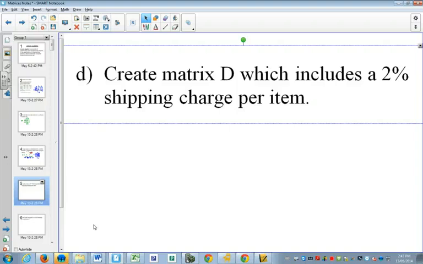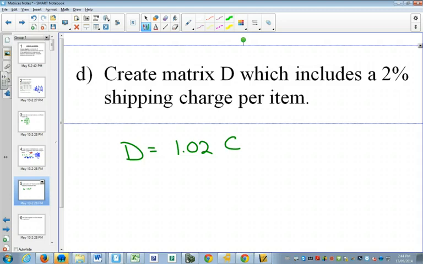So if you're getting charged 2% per item, does that make sense that that's going to be 2% on the total thing? Okay. Now, does it make sense that D could equal 1.02 times matrix C? Because if you times by 1.02, that would be a 2% adding to that.